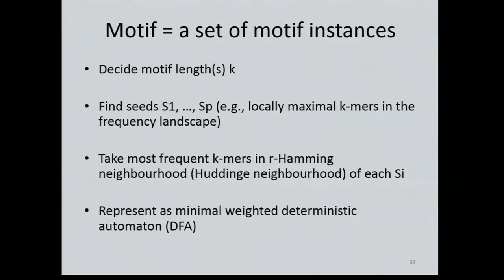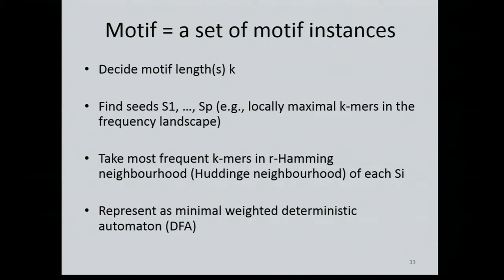So what I'm aiming at here is that a motif is just a set of motif instances. And here's a sketch of an algorithm for how this would work. Decide motif lengths, find seeds, some locally maximal k-mers in the frequency landscape. Take most frequent k-mers in R Hamming neighborhood, or maybe you should allow some shifts because the mountains in this landscape are such as they are.